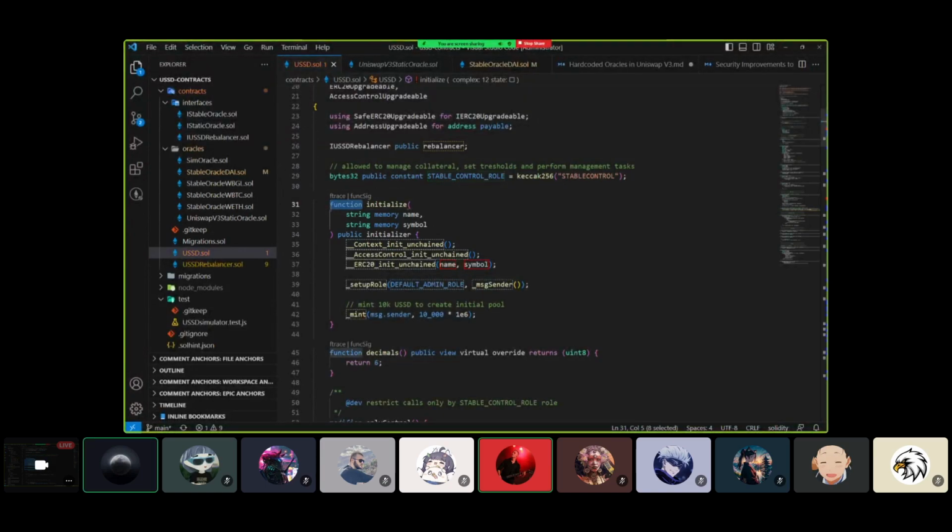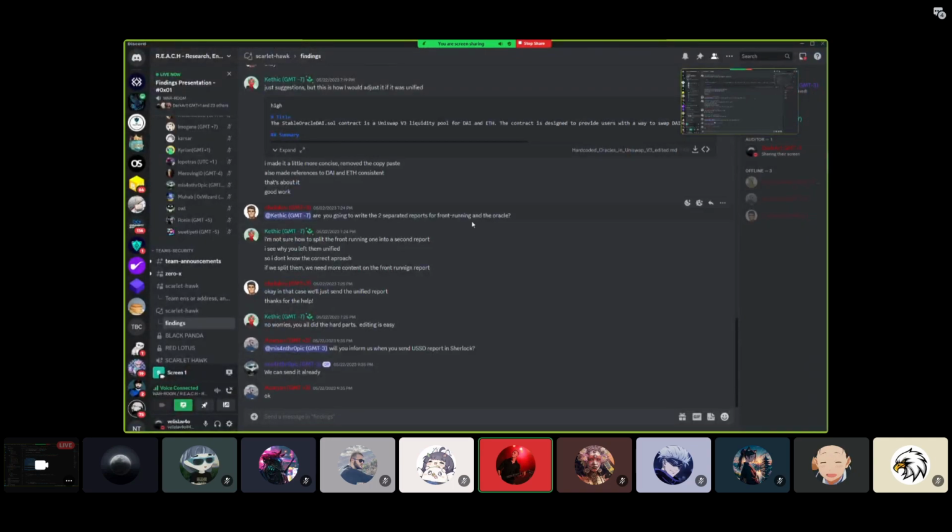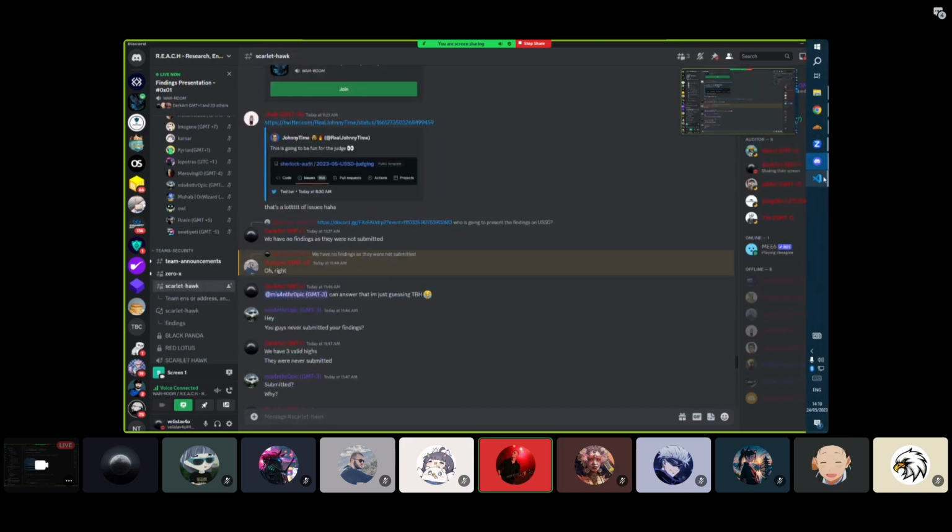No, but actually, this is how the proxy works. If you have a proxy and you can't run a constructor on your new code, this is the standard and what people usually do. They create this initialize function, which is either public or external, and it would be external in that case, isn't it?